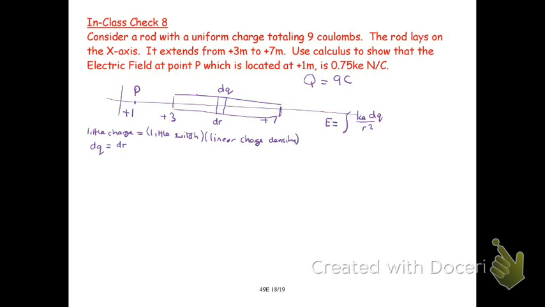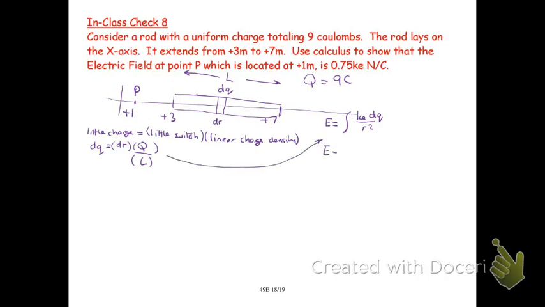So that's where that comes from. My little bit of charge is equal to my little bit of width times my linear charge density. Well, that's my total charge over my total length. Let's put those two in. That's the physicsy bit. So, let's take that and substitute that here.